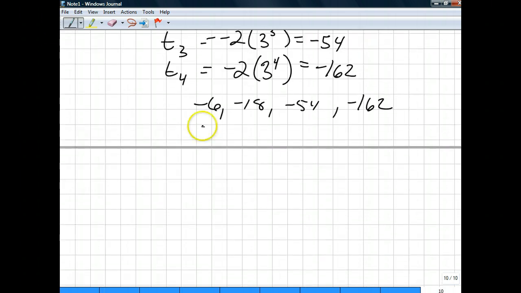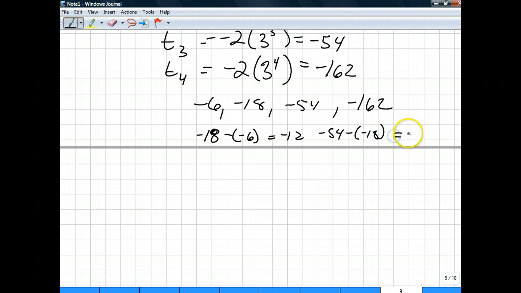If we take negative 18 and subtract negative 6, that gives us negative 12. And if we take negative 54 and subtract negative 18, that is not going to equal negative 12. So it's not arithmetic. Then we take negative 18 divided by negative 6. That gives us a positive 3.